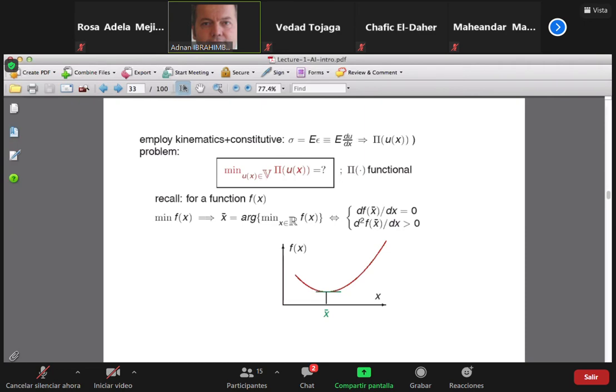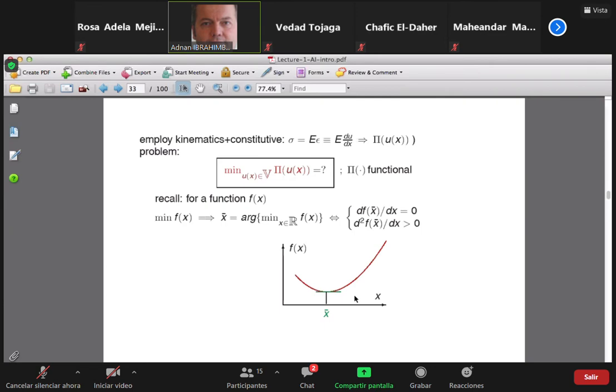And the second condition is that the second derivative at the same point x bar should be positive. In this way, you know that you're increasing the value either if you go left or if you go right. So these are two conditions which are necessary and sufficient to obtain the minimum of this function.